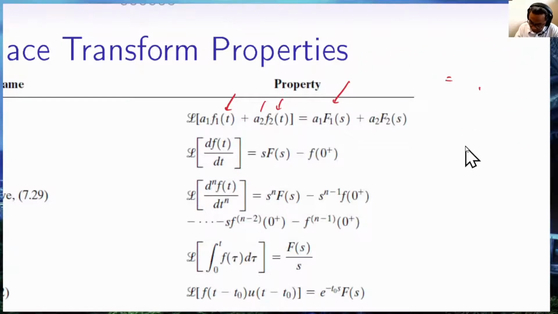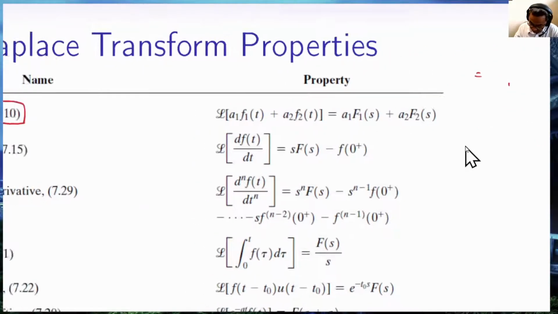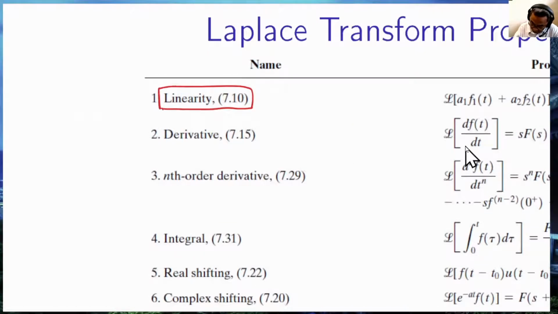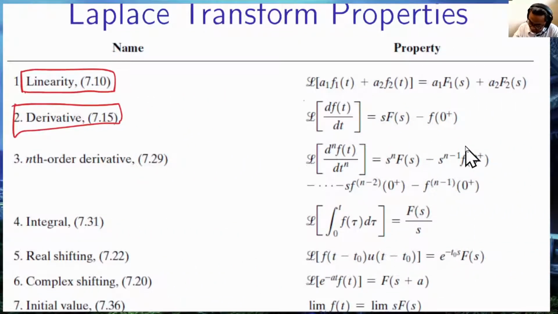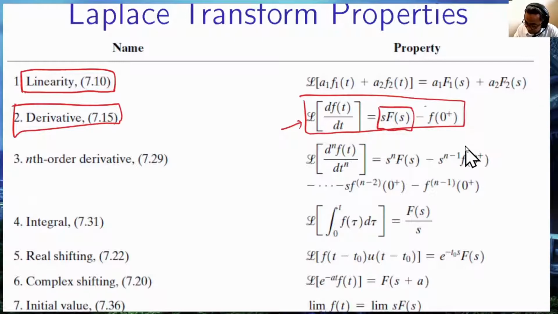Okay, so next we have the time derivative properties. We'll go through some of them, and this is the big idea of time derivative. The Laplace transform of the derivative of a function is simply sF(s) minus some initial condition, where this is the function itself with time inserted to be 0, the initial value condition.